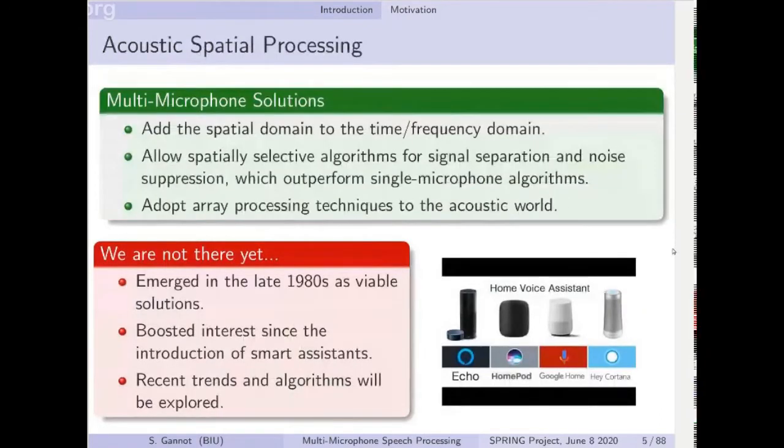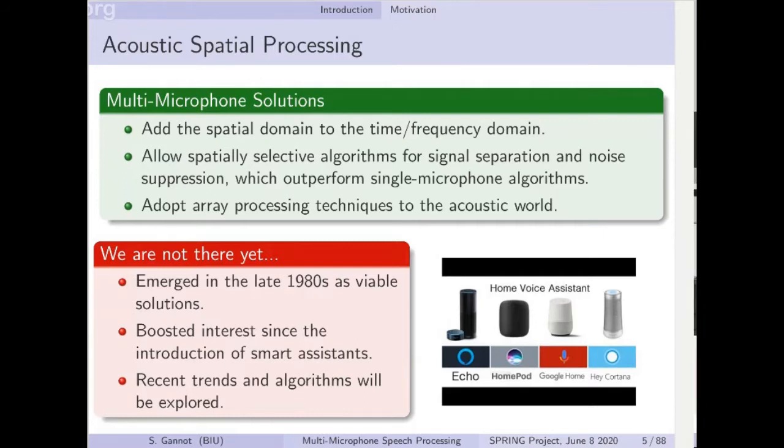Actually, I would say that the major revolution was these home assistant devices like Amazon Alexa, Google Home, HomePod, and Microsoft's Cortana. All of these devices gave a huge boost to the microphone array industry, together with a lot of new developments in the algorithmic domain, which I will discuss later.